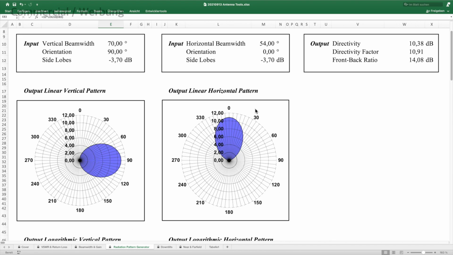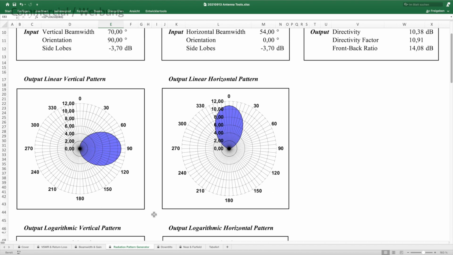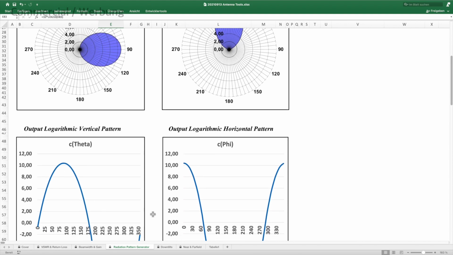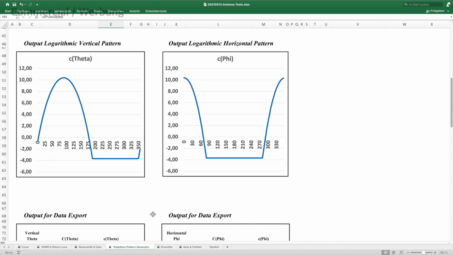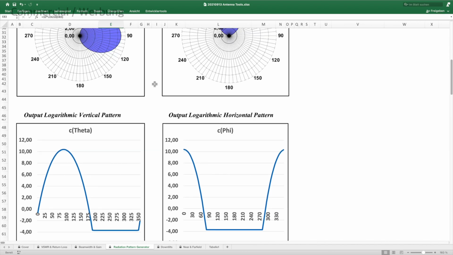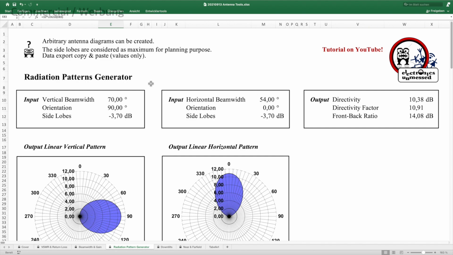The polar plots are giving us the linear presentation of the diagrams, and the Cartesian plots are giving us the diagrams in dBi. Currently, we have our Yagi antenna parameters with 70 and 54 degrees beam width in the tool. We could change, for instance, the orientation.